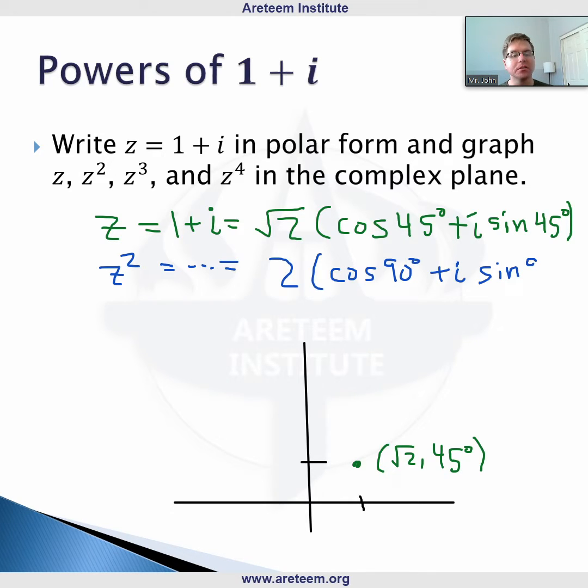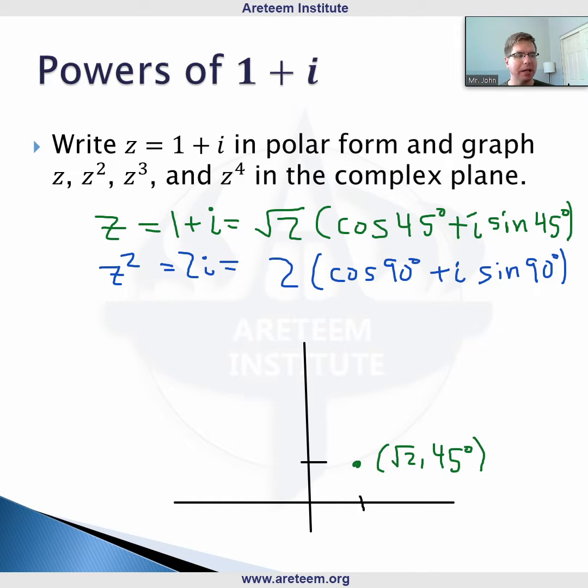You could, of course, convert this pretty quickly back into rectangular form. Cosine of 90 is 0. Sine of 90 is 1. So this is actually just the number 2i, which you could double check by squaring 1 plus i as well. So let me contradict myself a little bit, and I can squeeze in. This is actually 2i in that case.